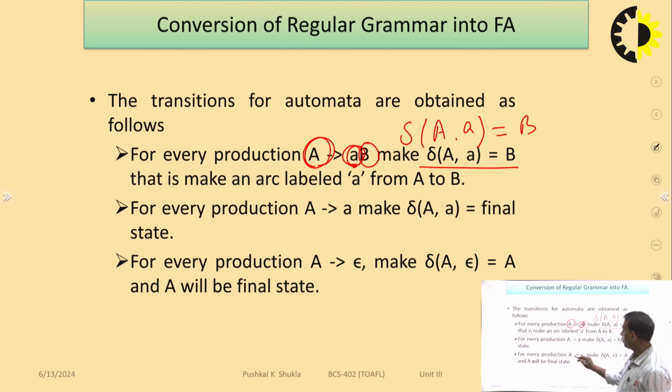For every production A to epsilon, make delta of A, epsilon equal to A, and A will be a final state. So three rules are there while converting a regular grammar into finite automata.